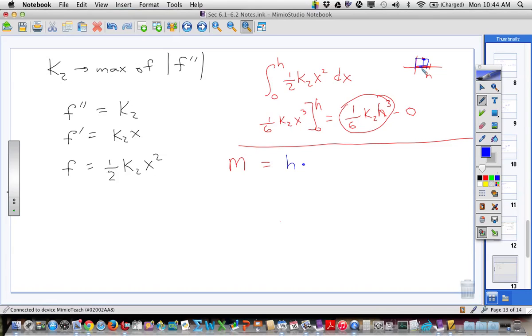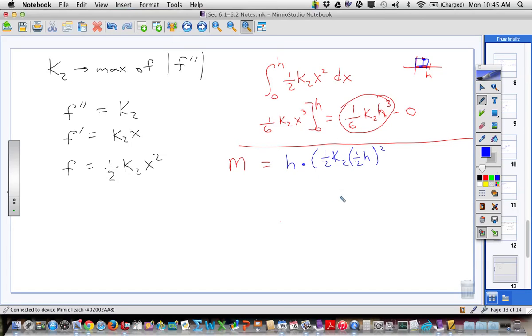Well, what would this number be that I'd be plugging in? 1/2 h, right? And I'd have to plug that into my function, and this is my function right here. So let's plug a 1/2 h into here. I'd have 1/2 K2, and then a 1/2 h plugged into there. See what I'm doing? I'm just trying to find out what my midpoint is. And then I'm going to subtract those two.